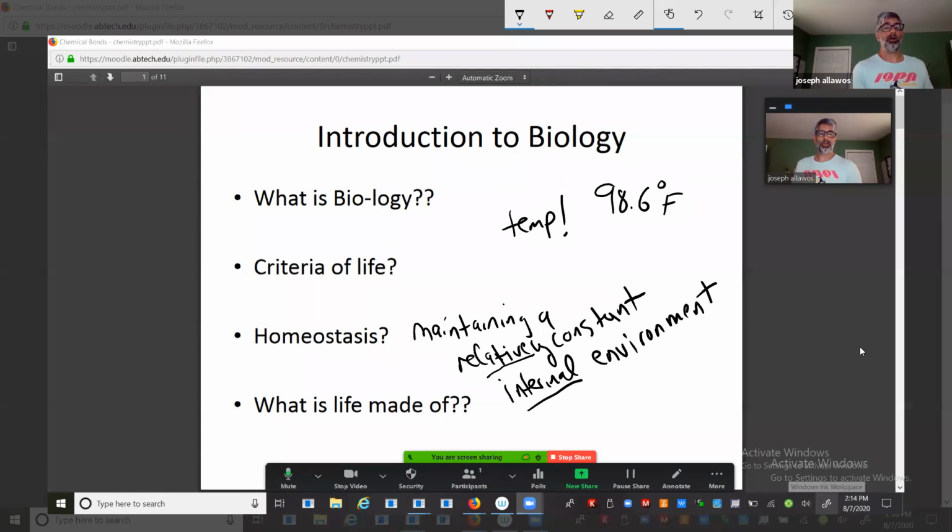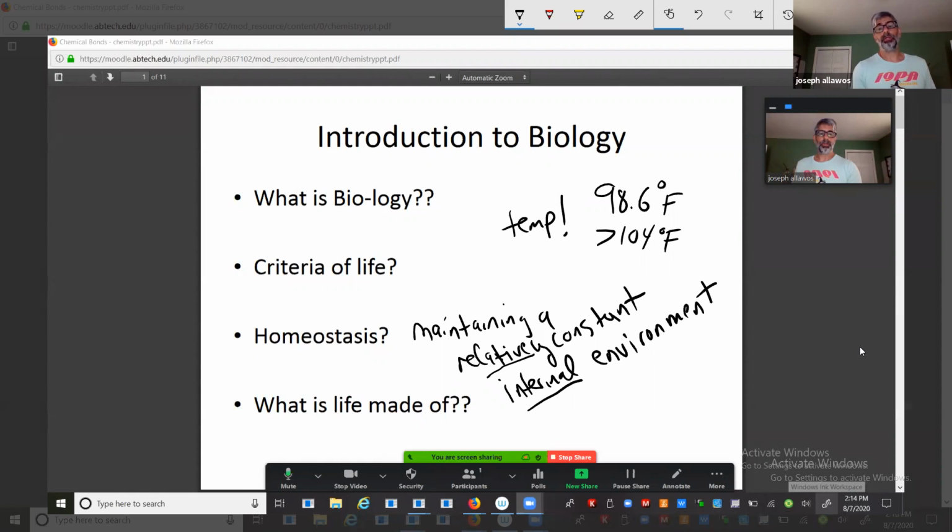You could get a viral infection, like COVID, and spike a fever. But there are parameters in which you can survive. If your temperature gets much above 104, people say, "Oh, he fried his brain, man." Well, not exactly, but kind of.